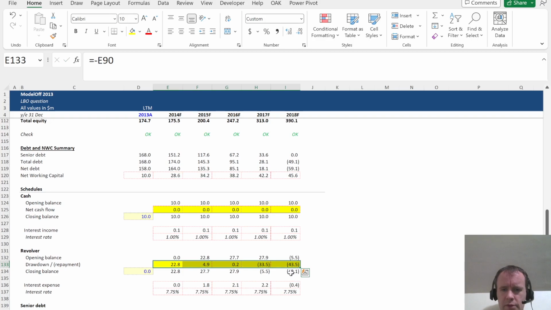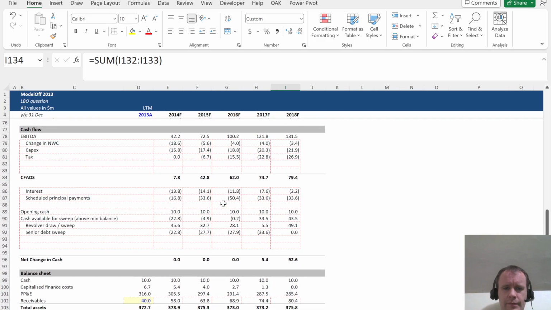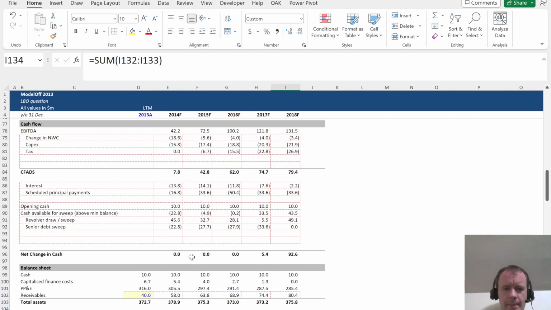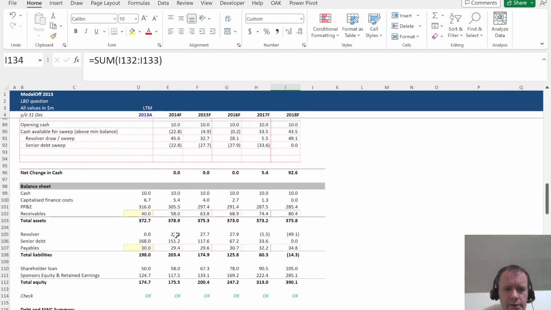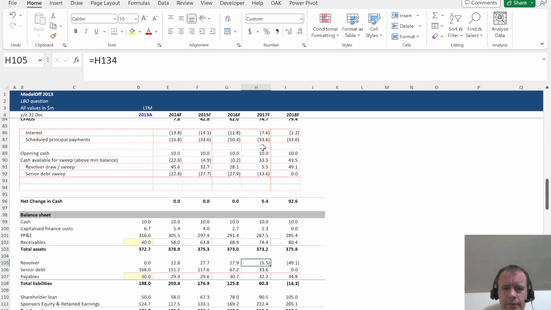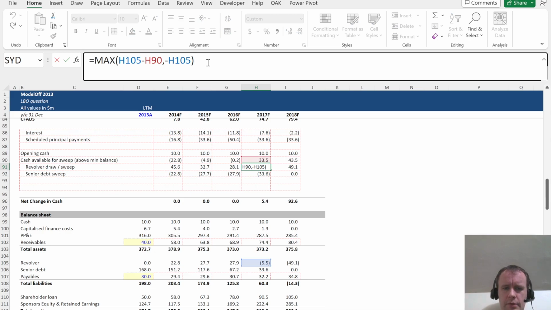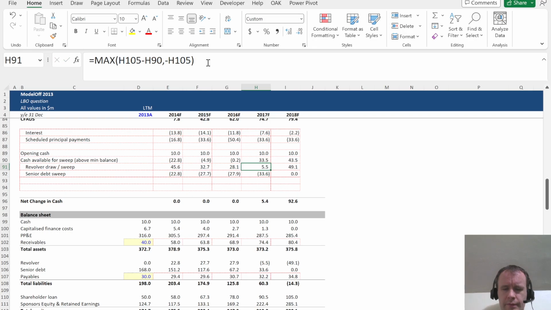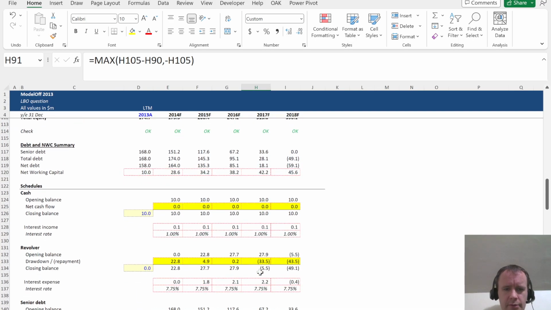And nope, this is going negative, so that is not working correctly. Wait, just double check this is, yes, it's linking up there. Okay, so where to go negative here? So here. Oh, so it's already gone negative in the previous period.